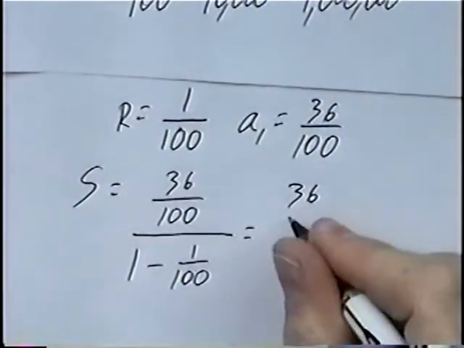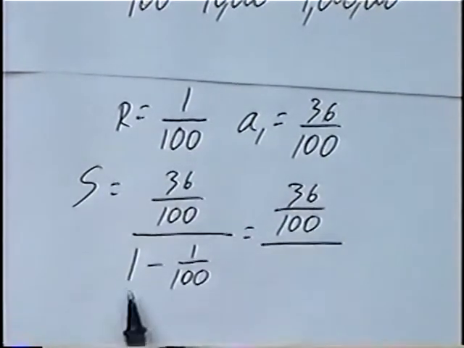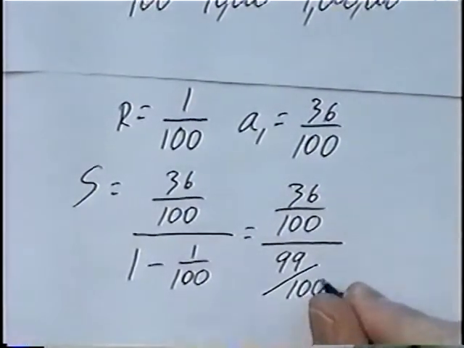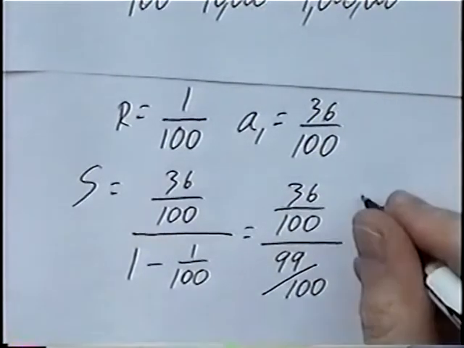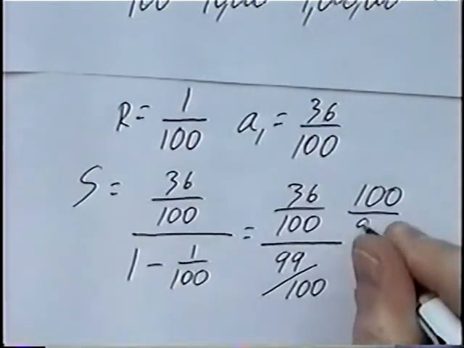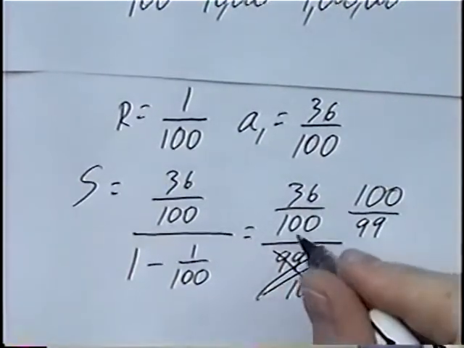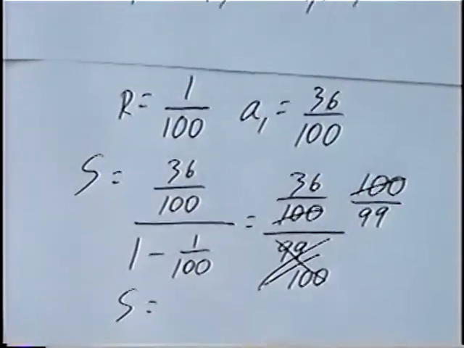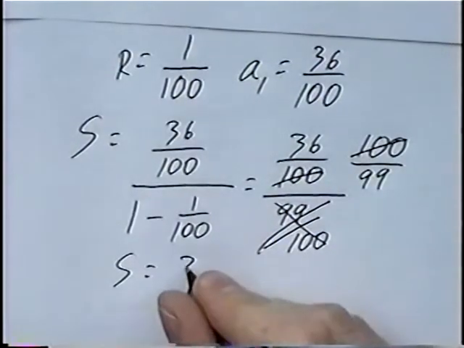Simplifying, 36 over 100 will stay the same, divided by 1 minus 1 over 100, which would be 99 over 100. And again, we can multiply by the reciprocal, which would be 100 over 99. And again, we can cross cancel the 100ths. So we're left with the sum of 36 over 99.